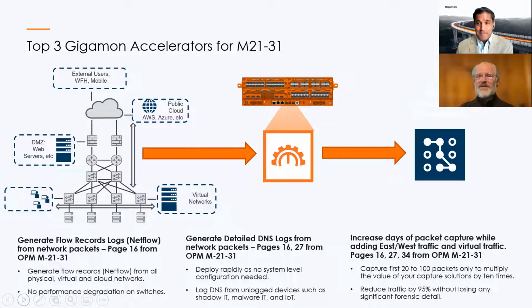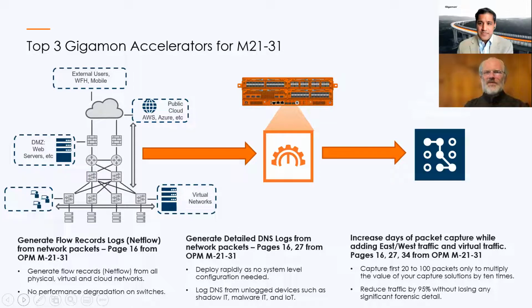Thank you very much. This was a bit of a challenge because in M-21-31, it's really asking for a lot. There's a lot of information in there. So what I did is I distilled that into 3 areas of M-21-31 that are important, that can be rapidly deployed and bring tremendous value right up in the front, right?